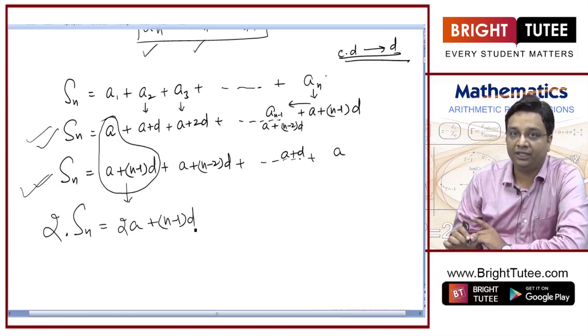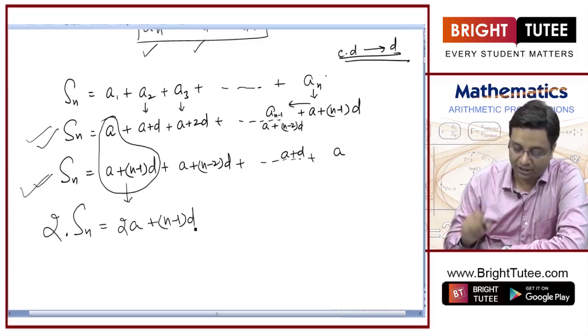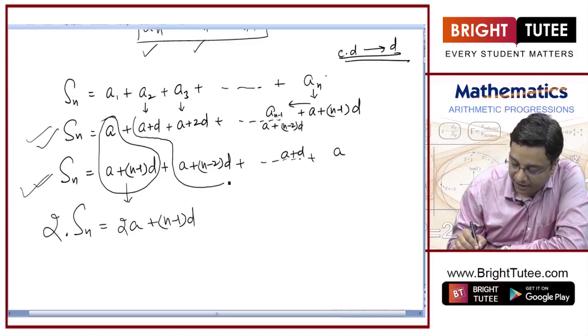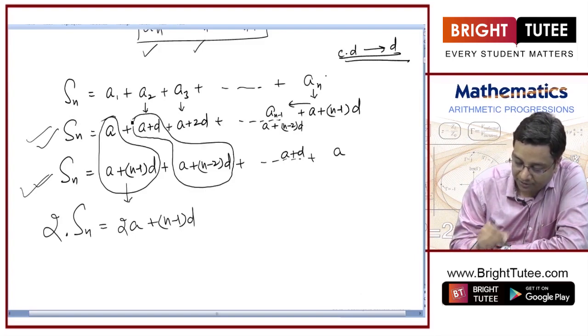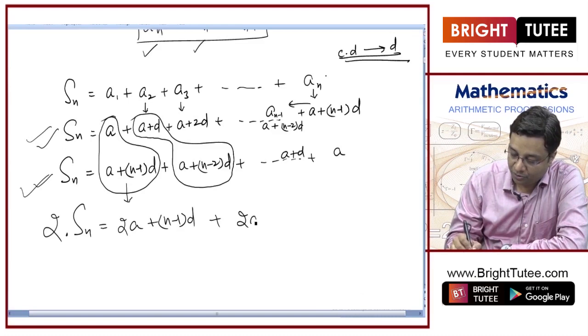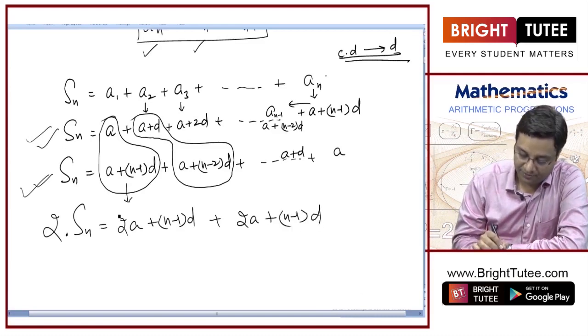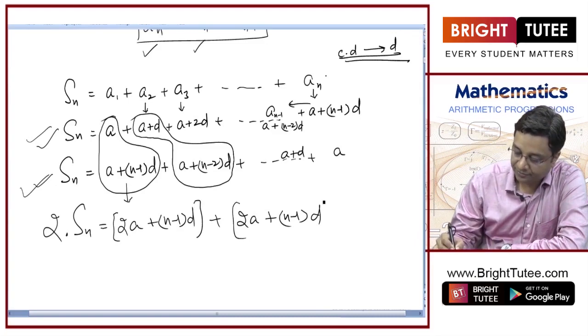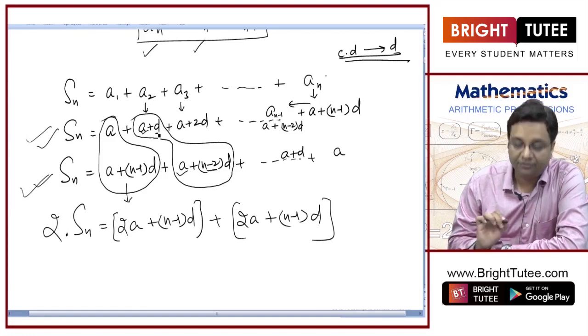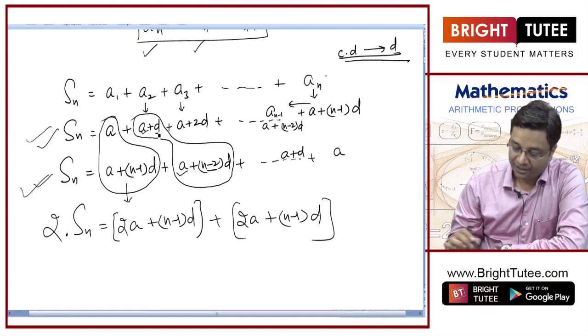Now if you notice carefully, the sum of the second terms of both expressions will be a plus d from here and a plus (n minus 2) into d from here. If you add these two, it will again give you 2a plus (n minus 1) into d, right? You can add these two: a plus a will become 2a, and (n minus 2)d and 1d will become (n minus 1)d, right?